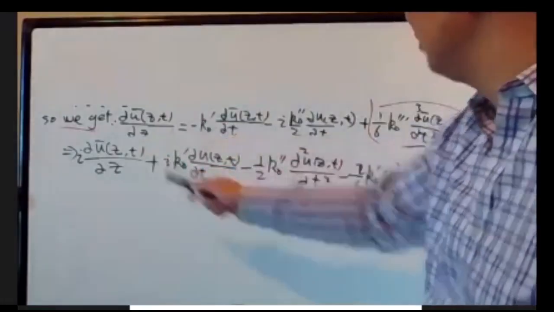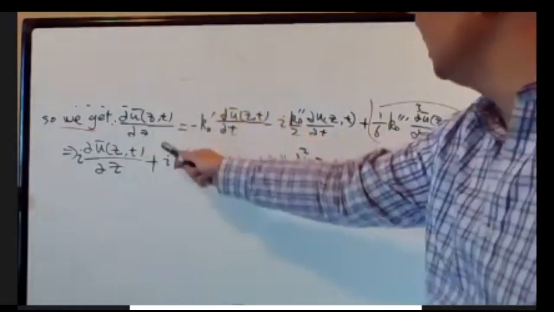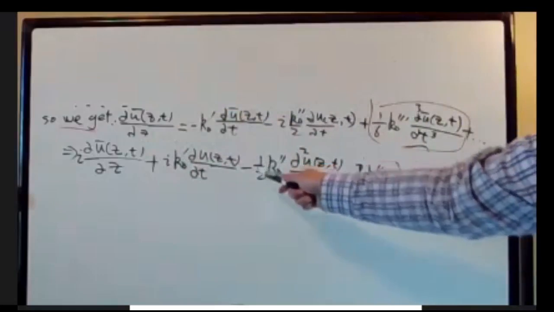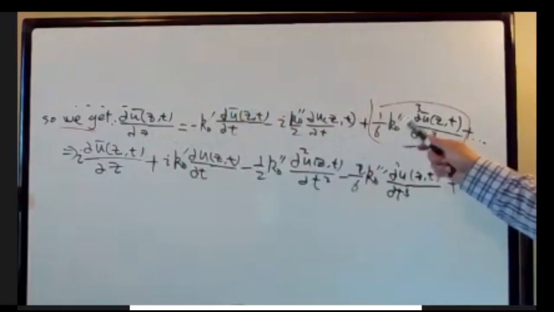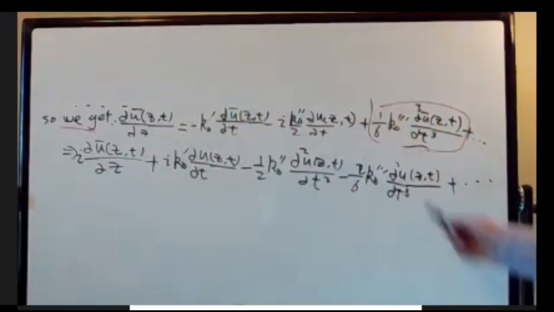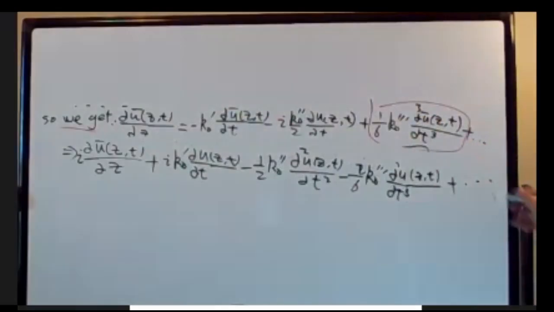Positive times i, this will be positive i times i, so it's negative. So there is no i, it's negative times i. That's the equation, right? All the terms add up to 0, so we just deal with everything on the left-hand side.